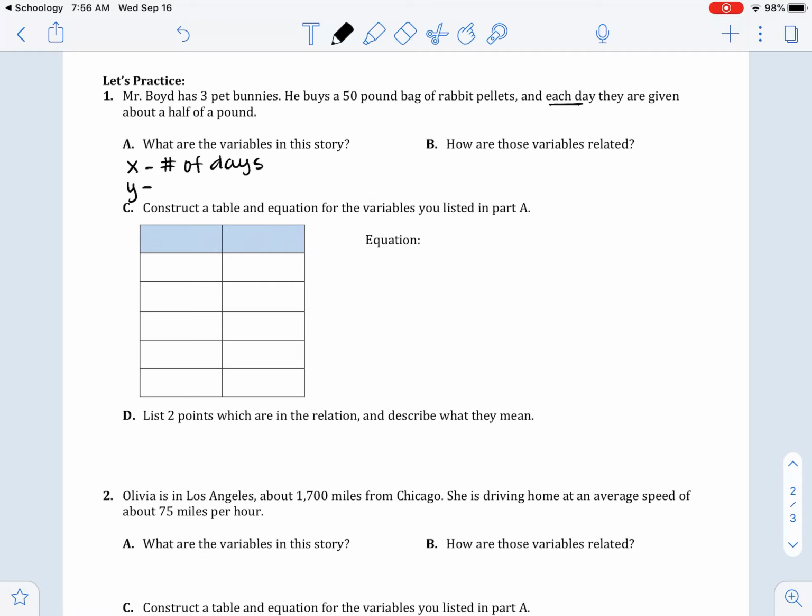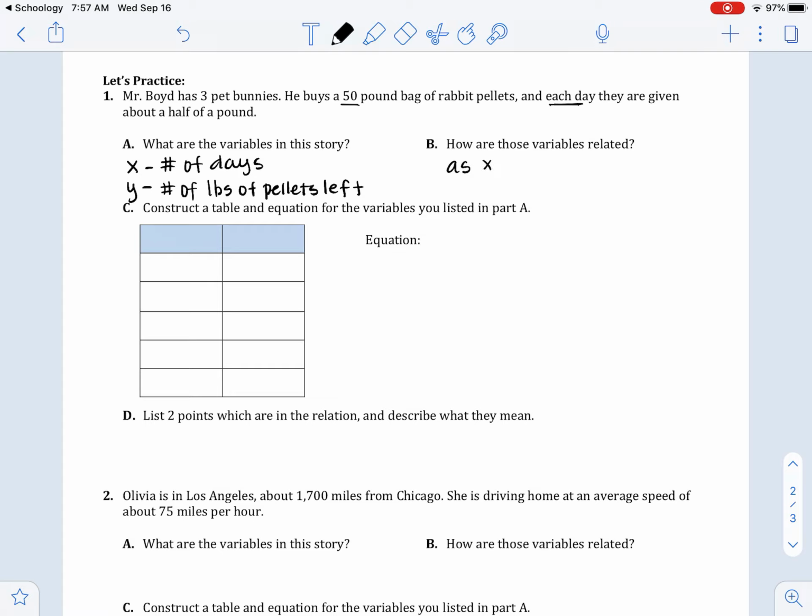Now, as days pass, as day 1 passes, then another day passes, another day passes, I have to ask myself, what's changing? What's changing is how much food is left. It was 50 and it's going to be going down from there. So the number of pounds of pellets left is what's going to be my Y value.